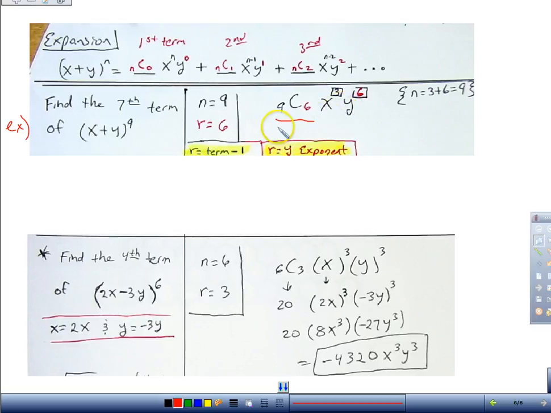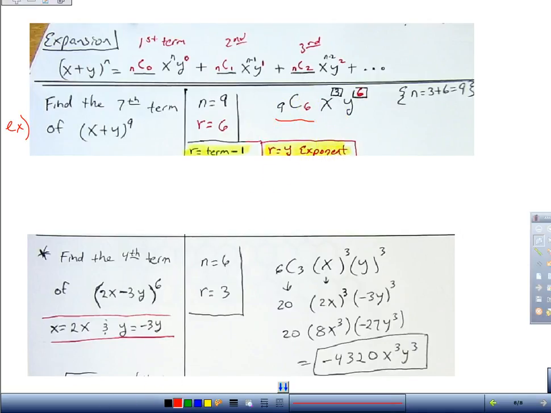The power on the y is going to be 6 because that's what r is, the y exponent. The power on the x has to be 3 because 6 plus 3 needs to add up to 9, which is the parentheses exponent. And so once we do this calculation, the 9 choose 6, we'll have the complete answer.